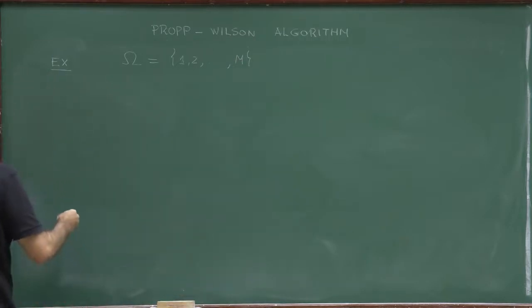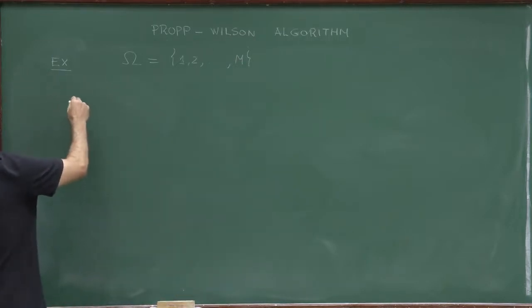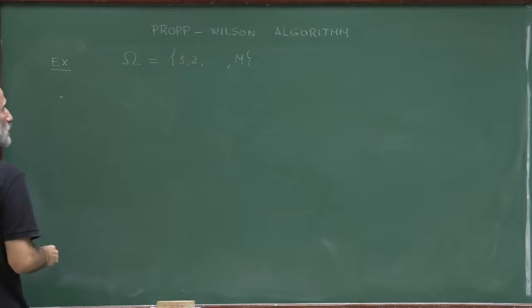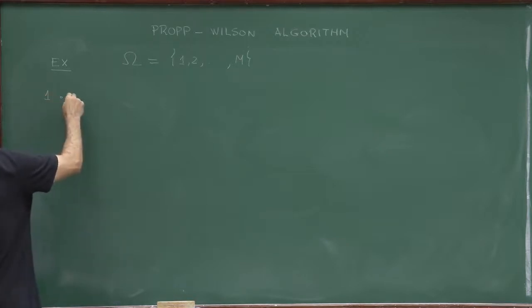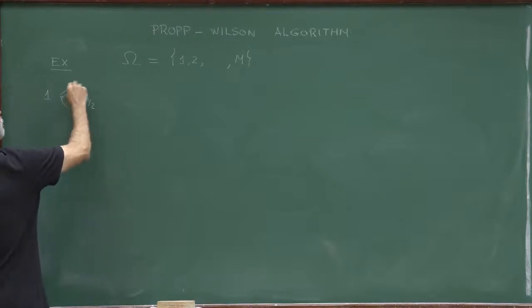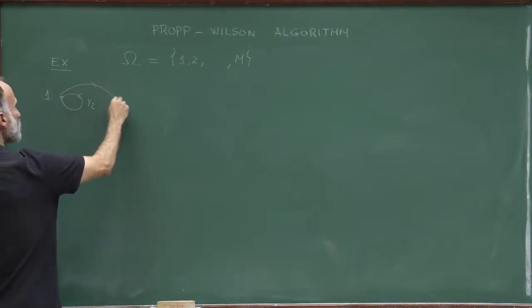Now let me consider a Markov chain which jumps as follows. If you are at 1, you can jump to 1 with probability 1/2, and you can jump to 2 with probability 1/2.